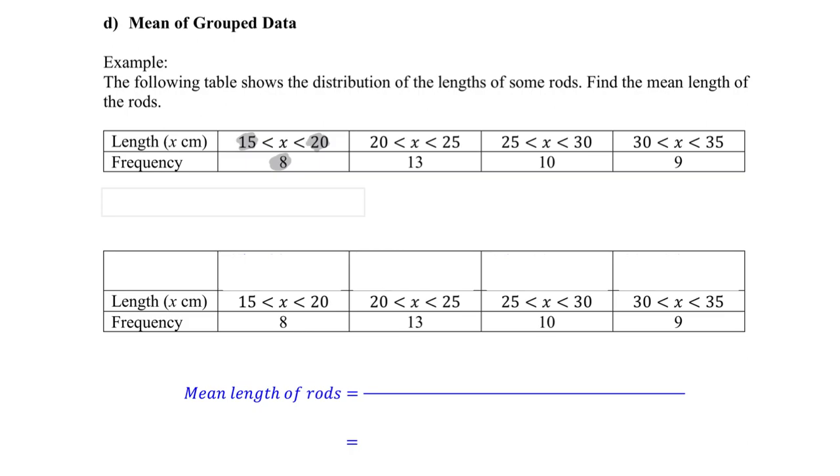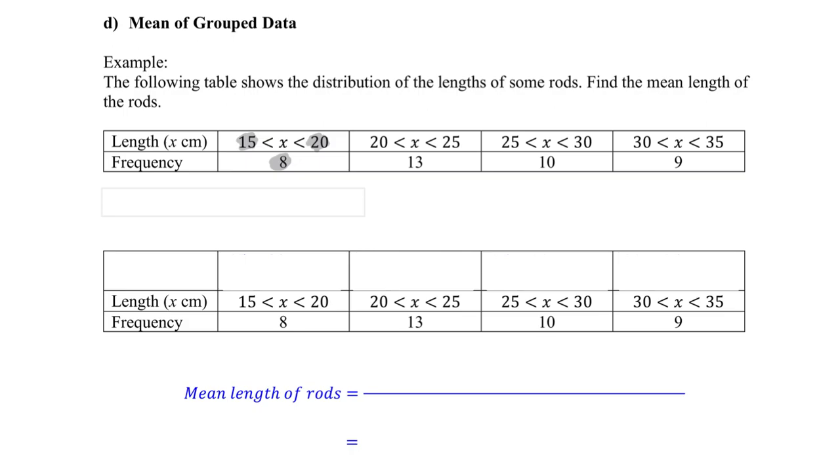What we do know though is that this length is between 15 and 20. It could be 16, 17, 18, 19, any of these values. It could even be 15 point something, but we do not know for sure.